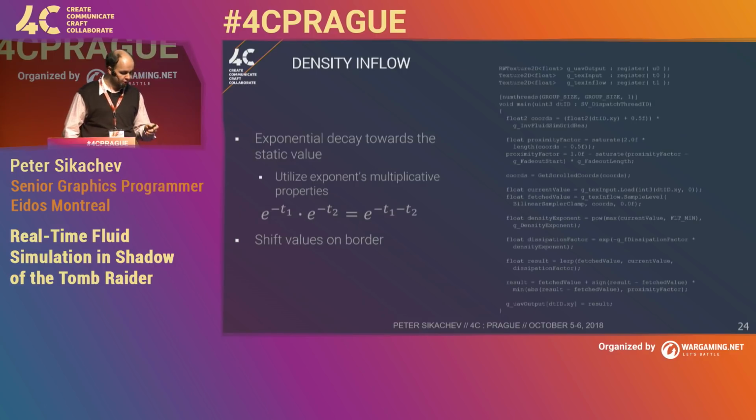So here's the code for the density inflow. I won't go line by line, but I will explain the main concept. First, we use exponential decay. And why do we use it? We utilize the property of exponents: if you multiply two exponentials, the result is an exponential where you add the exponents, T1 and T2.